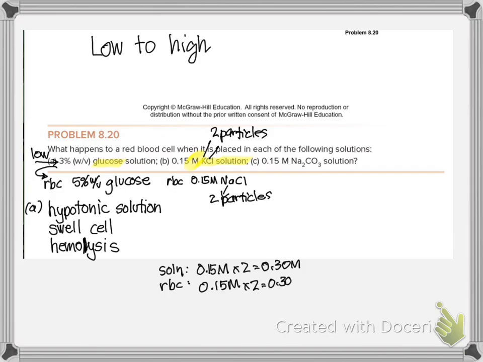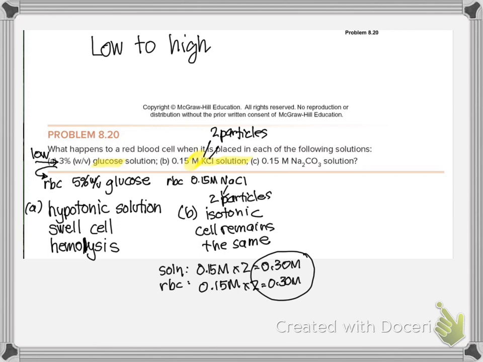So both of them have the same particle concentration, so letter B would be isotonic. The water would flow freely and equally, so the cell would just remain the same in that solution.